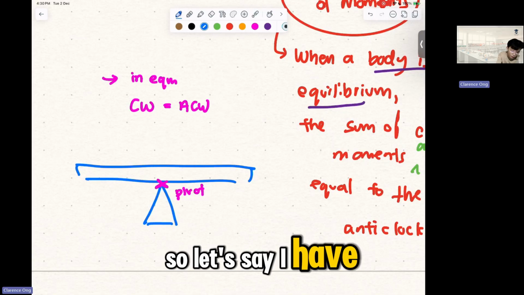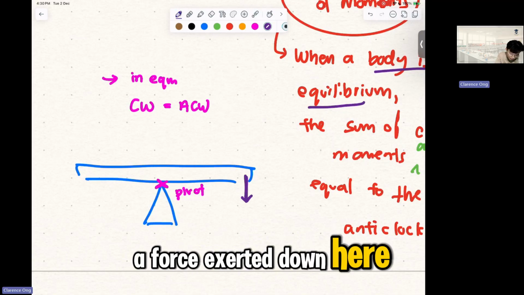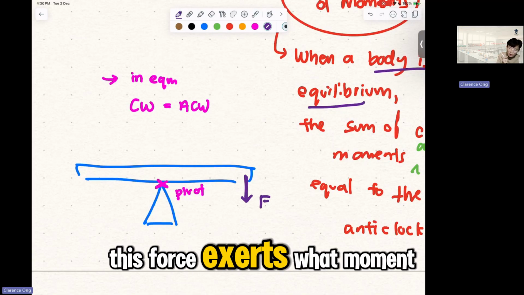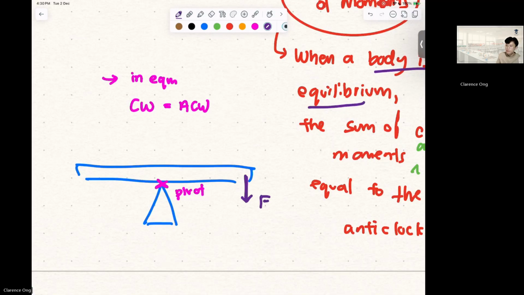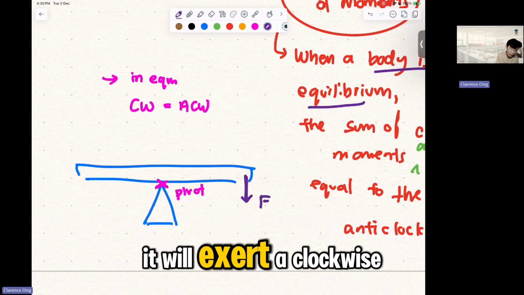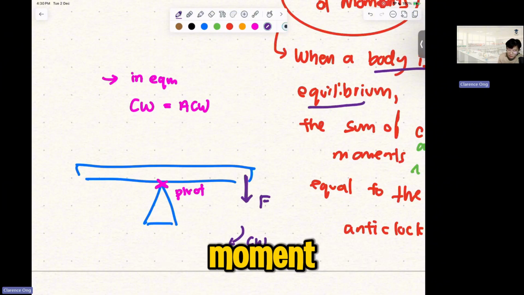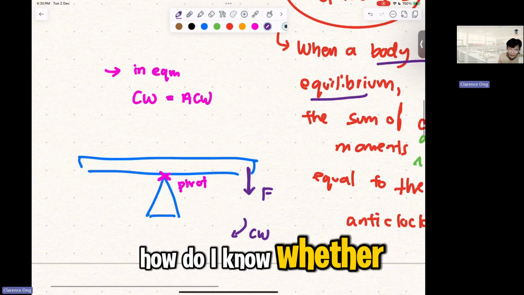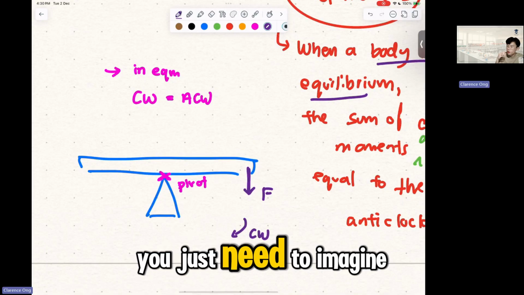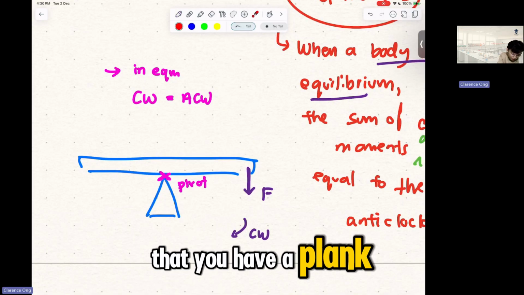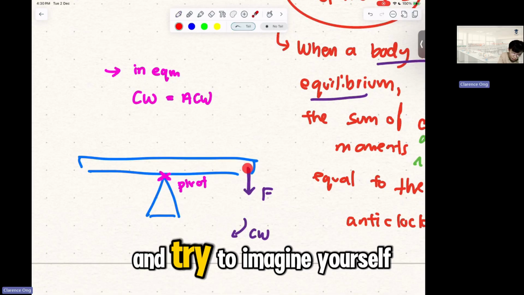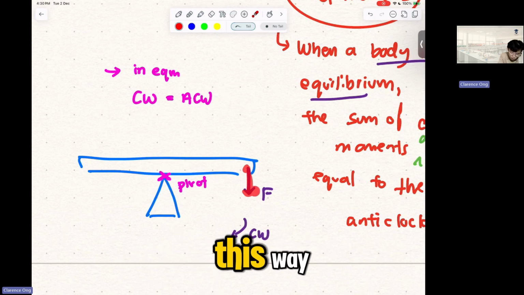So let's say I have a force exerted down here. This force exerts what moment? It will exert a clockwise moment. How do I know whether it's clockwise or anti-clockwise? You just need to imagine that you have a plank, an actual plank, and try to imagine yourself pulling the plank down this way.